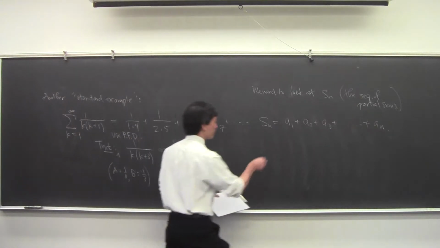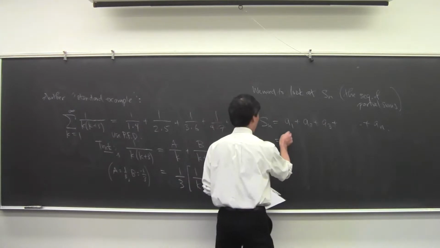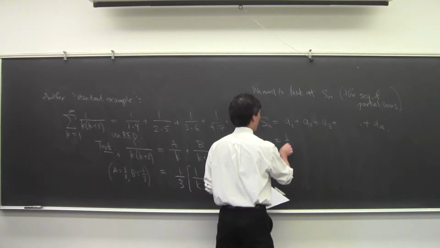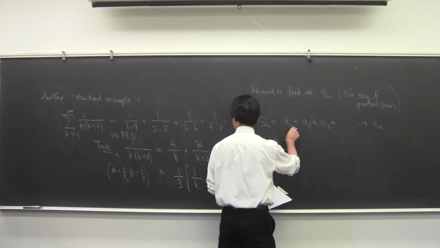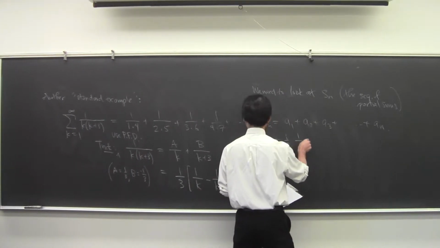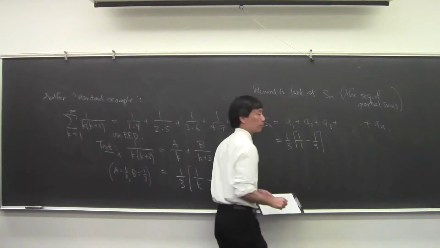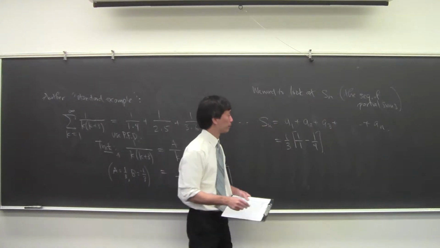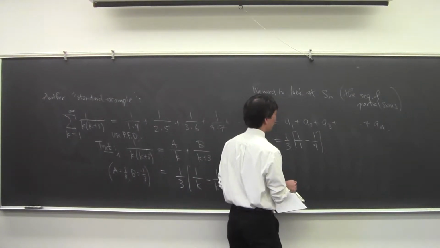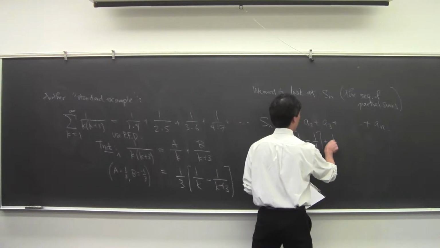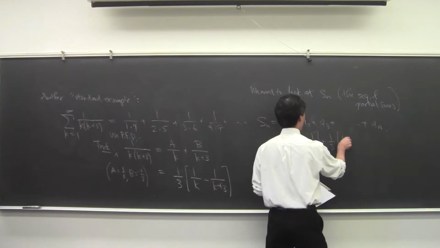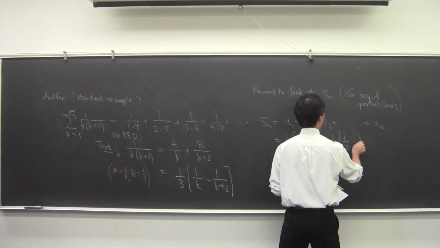Of course, a1 is going to be 1/3 of 1 over 1 minus 1 over 4. A2 is 1/3 of 1 over 2 minus 1 over 5.